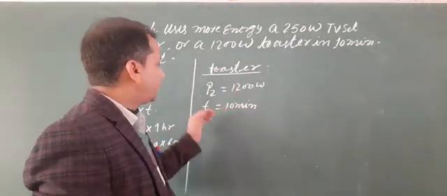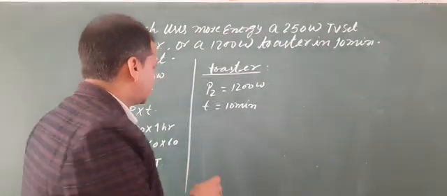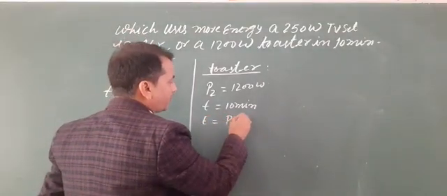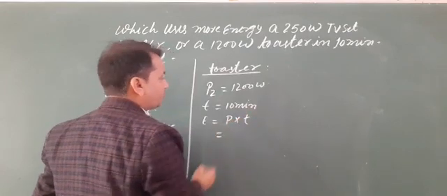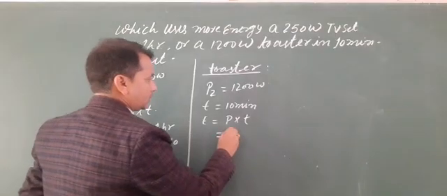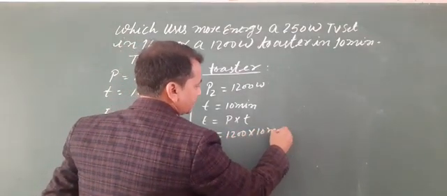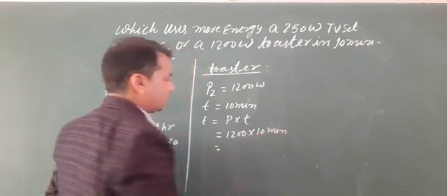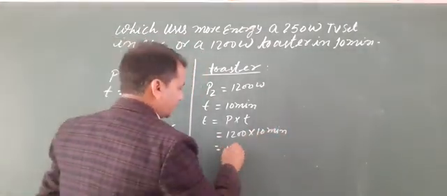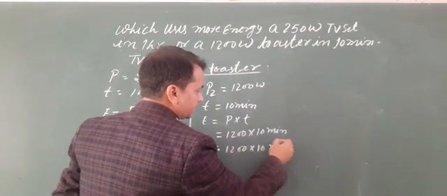The electrical energy equals power into time. So put the value of power, 1200 watt, 1200 into 10 minutes, and the minutes are converted into seconds, so 1200 into 10 into 60.